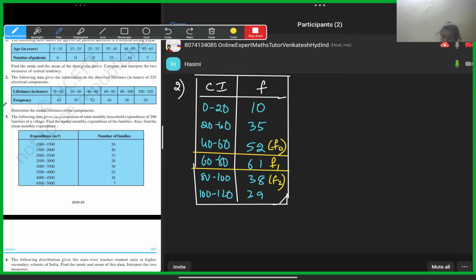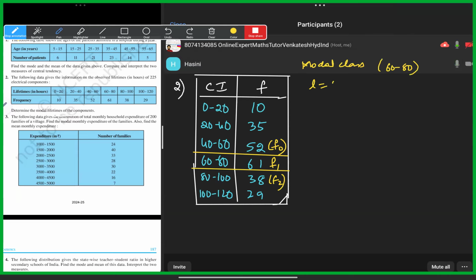Yes, sir. And the modal class is clearly 60 to 80, which means the L value is 60, the lower limit of the modal class. Wherever the highest frequency observation is, that is 61. That particular class interval is the modal class. Okay, sir. Now, Hasni, L is 60.